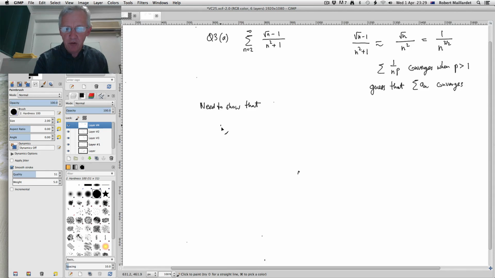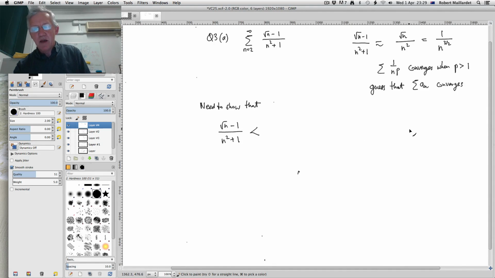So I need to show that the square root of n minus 1 over n squared plus 1 is smaller than, now I'm going to leave a gap in here, I'm going to have a series of arguments in here, but I need to know what I'm comparing it with, and what I'm comparing it with is the harmonic p-series 1 over n to the 3 on 2.